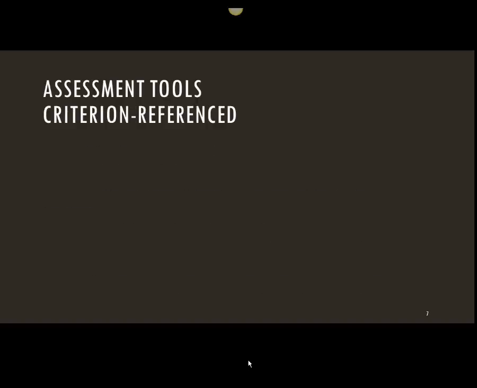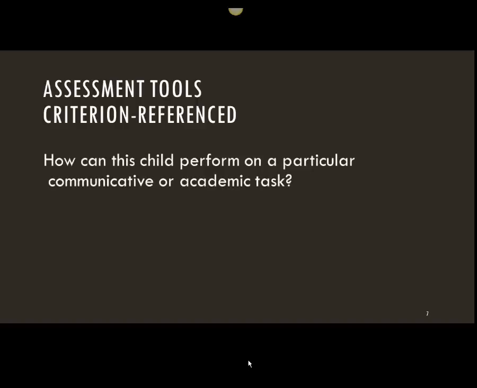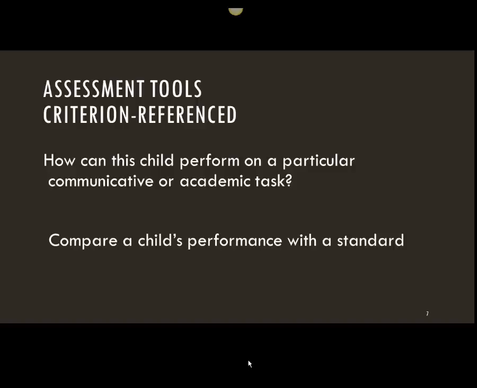Criterion-referenced assessments are designed to determine how a child performs on a particular communicative or academic task. When we administer a criterion-referenced test, we compare the specific child's performance with a standard, with a goal. Think about course exams. There is a standard, a letter grade C, that corresponds to the minimum knowledge students need to demonstrate to complete the course.